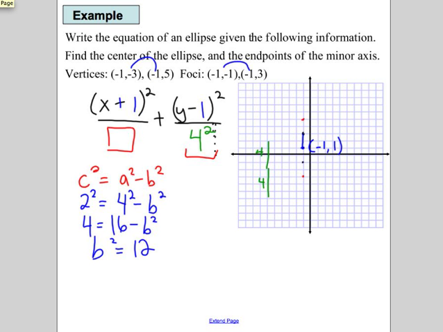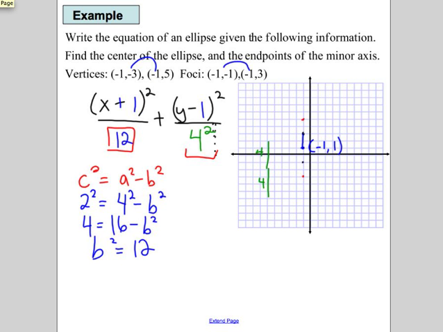And of course I could solve and work that out in another way. So b squared equals 12. So I have my b squared, and I can put it in my rule. It's not 12 squared, it's b squared equals 12, so my value under there is 12.